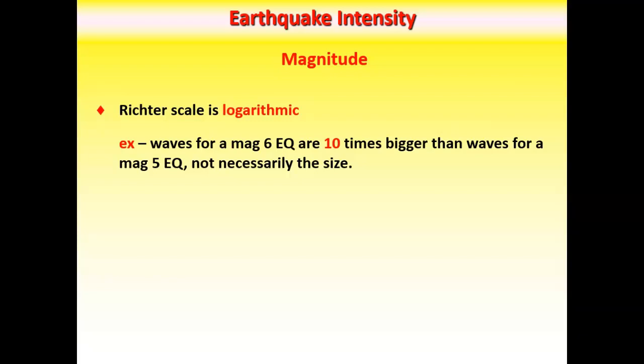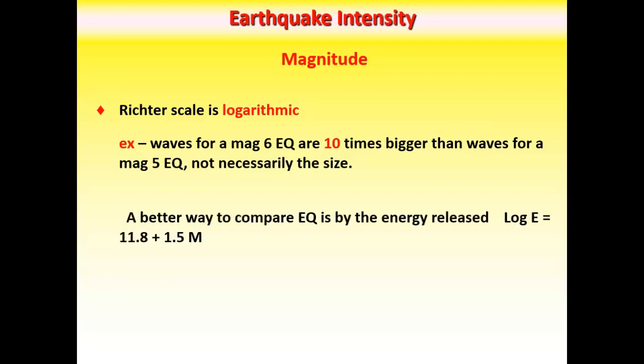So you can imagine that if I have an S wave that spikes up, and typically we measure those in millimeters, say 10 millimeters for an earthquake with a magnitude of 5. If I have a magnitude 6 earthquake, it would be 10 times that. So instead of 10 millimeters, it'd be 100 millimeters in height. That's a big difference just going up one whole number on this scale.